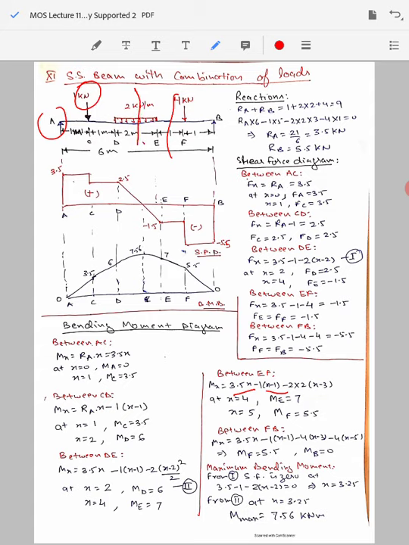And its distance between this and the cut section will be, as this is x, x minus 3 meter. So that's why you get 2 into 2 into x minus 3 meter. You evaluate this at x equal to 4 and x equal to 5 at the span's extremities, and you get ME equal to 7 and bending moment at point F equal to 5.5.